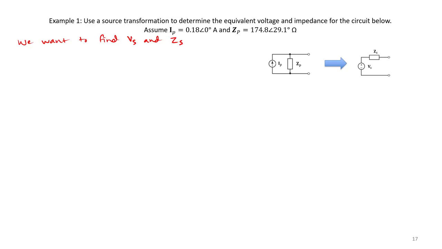And let's go ahead and remind ourselves from our source transformation equations, we know that Vs is going to be equal to IpZp, and Zs is going to equal Zp by source transformation rules.